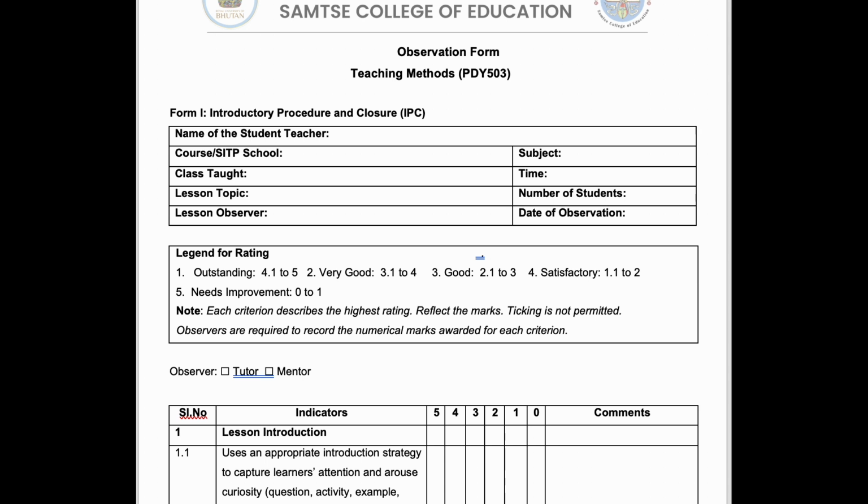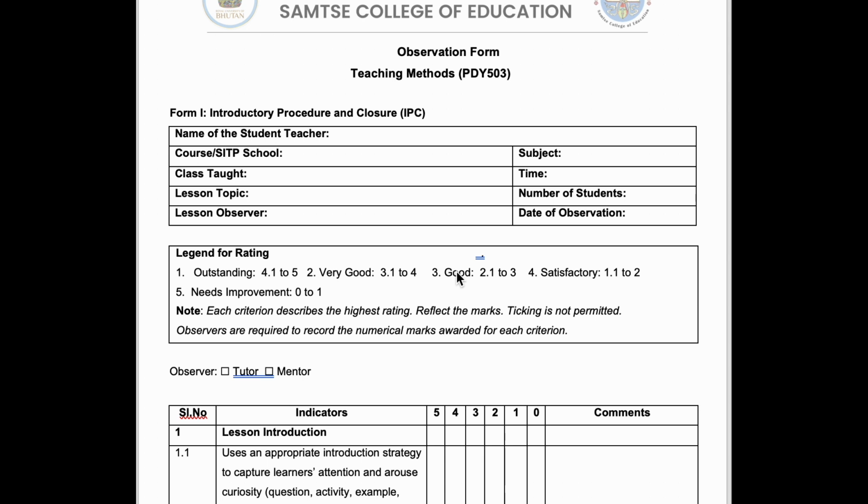At the top end, we have number 1, outstanding, which ranges from 4.1 to 5, represents highly effective performance that fully meets or exceeds expectations. Then at 2, we have very good, ranging from 3.1 to 4, indicating strong performance with only minor areas for improvement.